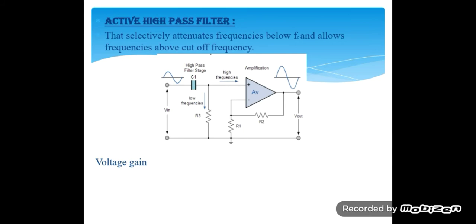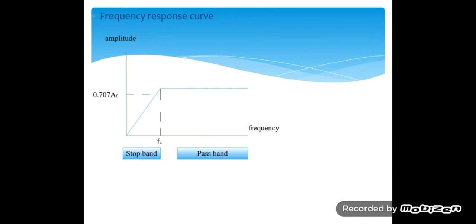In a similar way, if another capacitor and resistor are connected, then it is known as a second order Butterworth high pass filter. Based on this, the voltage gain can be defined by this formula. Based on our understanding, the frequency response curve is plotted.